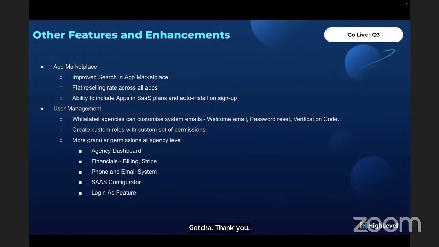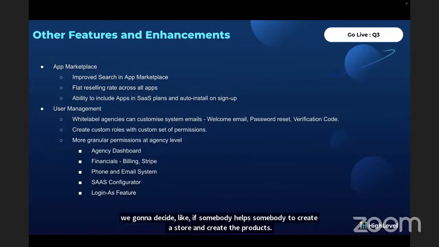When my VA was helping one of my clients with an e-commerce store, you can only switch off payments and then you don't see any payments, but you cannot create products. Are we going to make a difference here with financial billing and Stripe? If somebody helps somebody to create a store and create the products, will you actually have access to that? The same for documents.